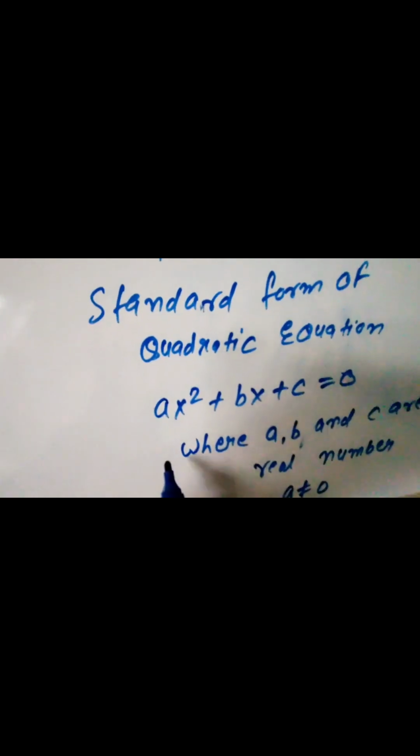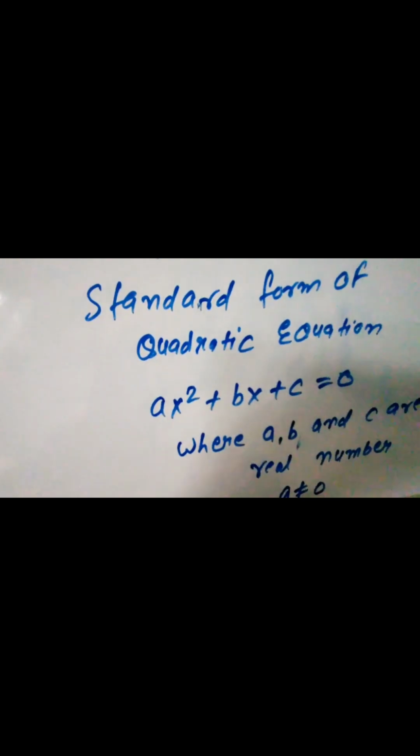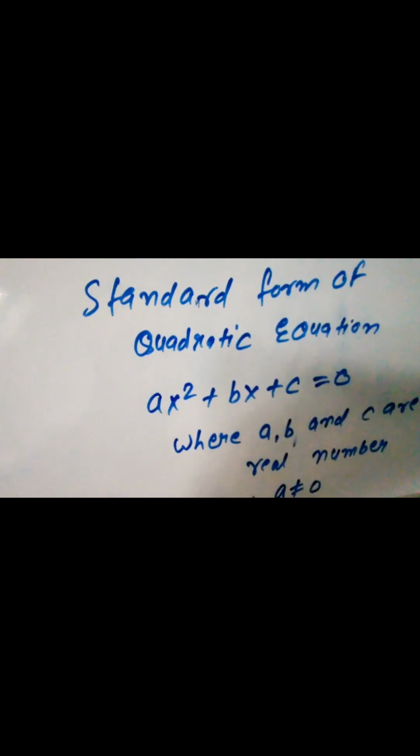Because if we put a equals 0, then this is not a quadratic equation, this is called a linear equation.